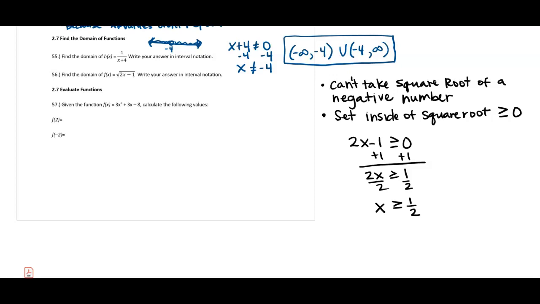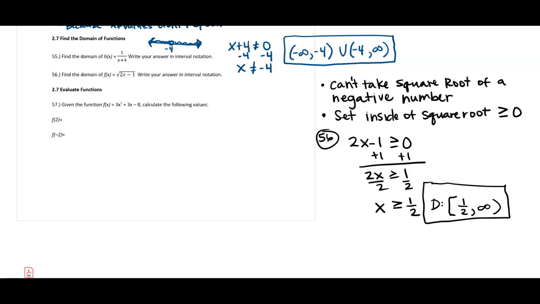So if we write that in interval notation, that would be 1/2 to infinity, because we only want the numbers that are 1/2 or bigger. So that's the domain, and this was number 56.